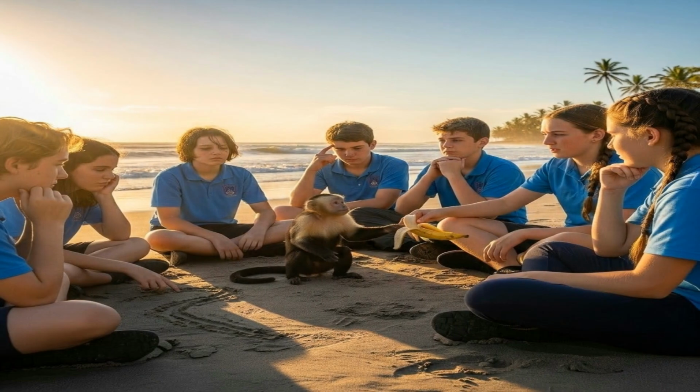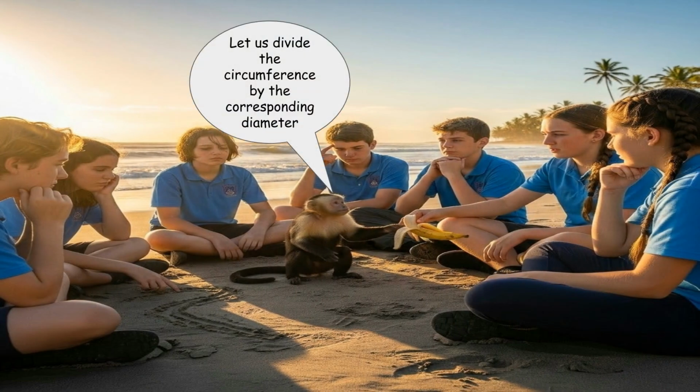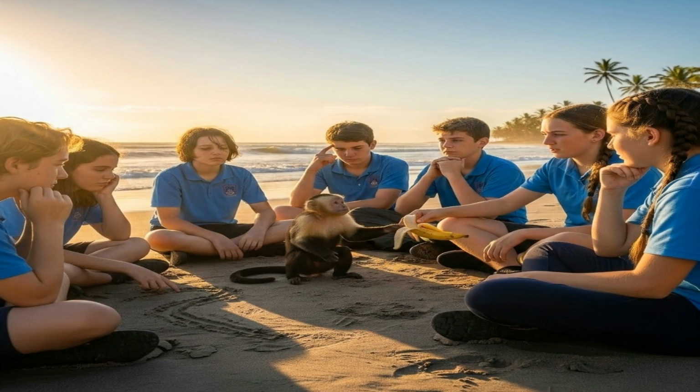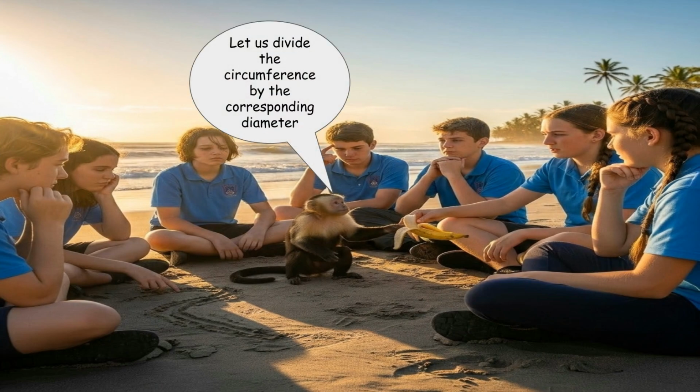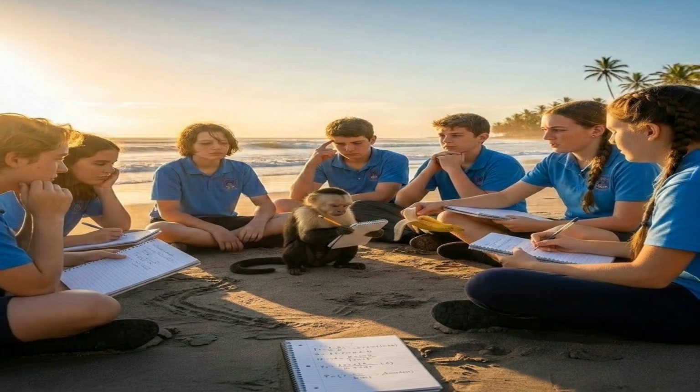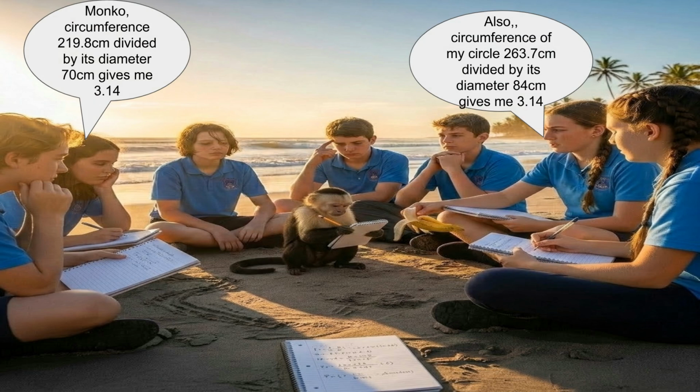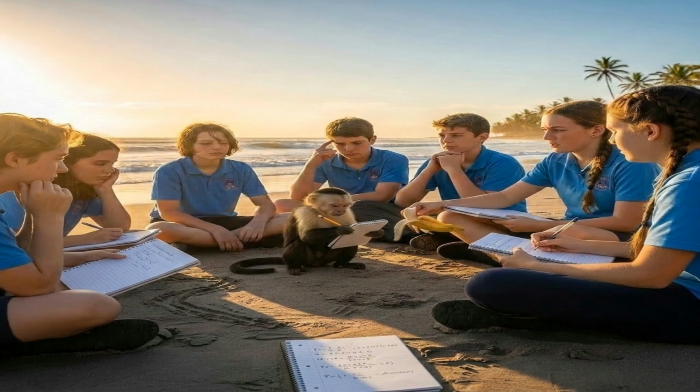To explore the relationship further, let us divide the circumference by the corresponding diameter for each circle. The ratio is consistently 3.14 for all our measurements. For instance, 219.8 centimeters divided by 70 centimeters gives 3.14.